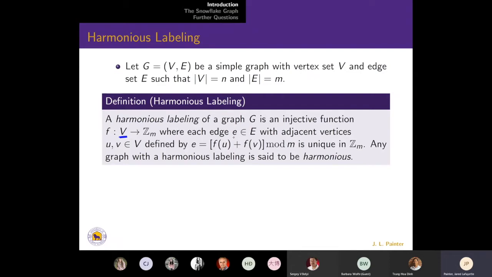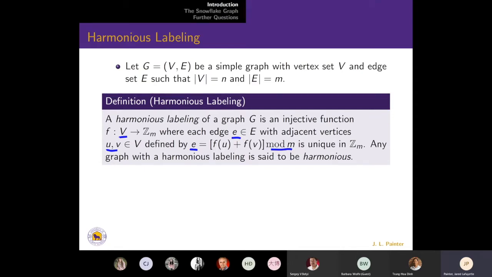Okay, so for each edge in our edge set with adjacent vertices u and v in our vertex set, we can label that edge with the sum of these vertex labels mod the number of edges.